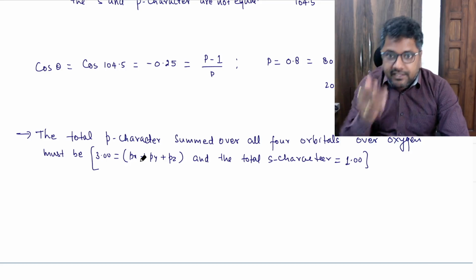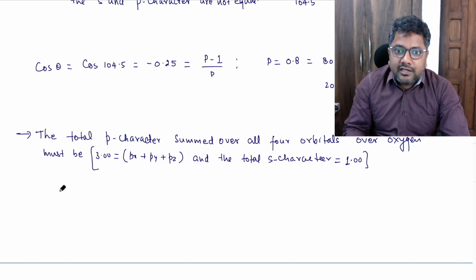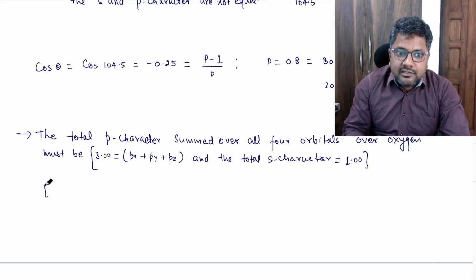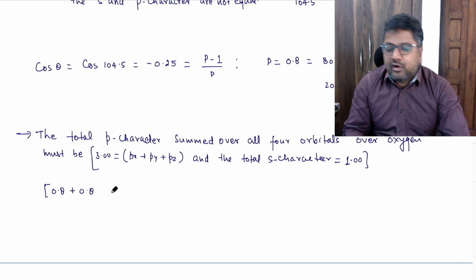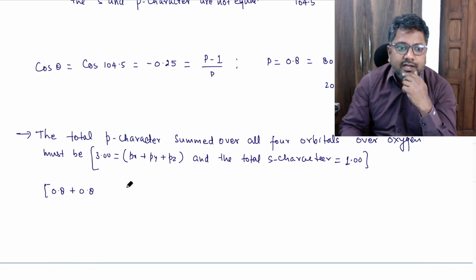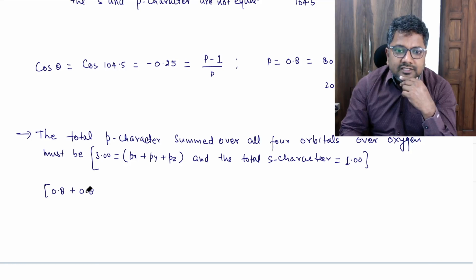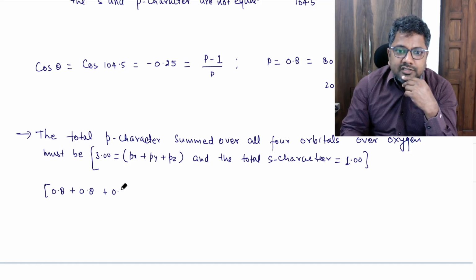So we can say that we have 2 bonding orbitals, they have 0.8 plus 0.8. These are bonding orbitals, I am talking about these two bonding orbitals. So these two bonding orbitals have 0.8, 0.8. So the non-bonding orbitals must have 0.7 plus 0.7, and this is equal to 3.